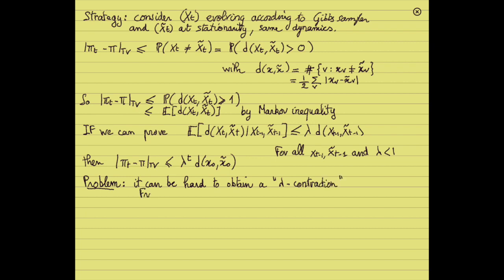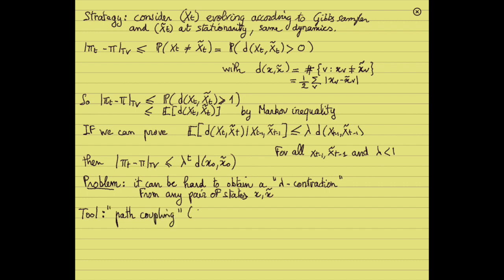So we would have to consider all states x t-1, x tilde t-1, and we would compute the expected distance over the next step. And considering all states is like taking the supremum of all the lambdas that we would obtain for every pair of states.